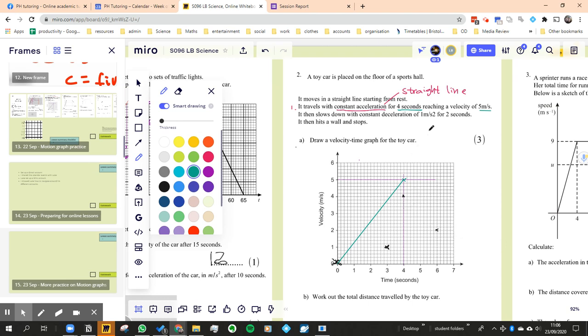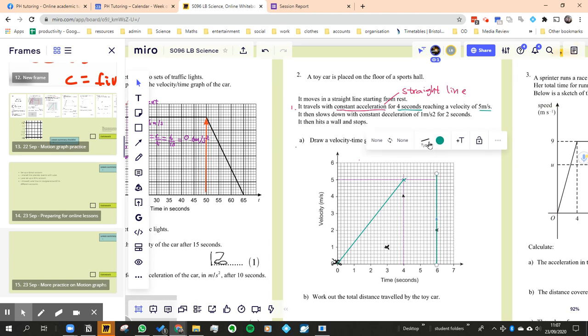It then said it slows down, and this bit's a bit tricky. It slows down for 2 seconds. Well, first of all, if it's done it for 2 seconds, it's going to go from 4 to 6. So let's draw a vertical line here, that's not a very good vertical line, but clearly I need to have a few less coffees.